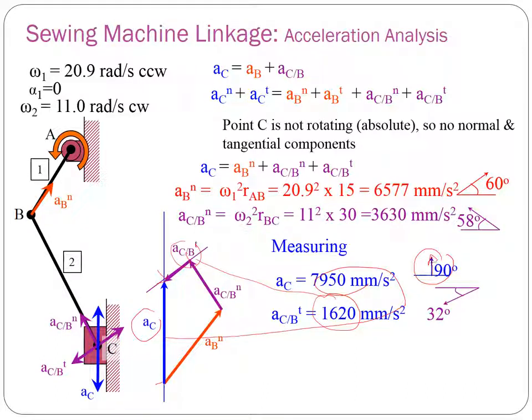And you know that through the rotation of this, the block C is basically going downwards, but there has been a deceleration vertically outwards. So that is basically the meaning of this 7950 millimeter per second square. So we have completed finding the value.